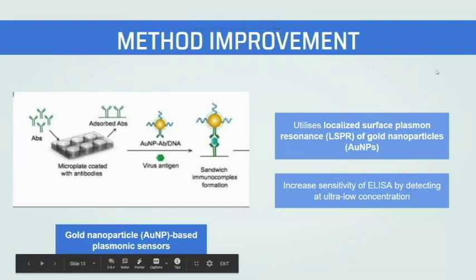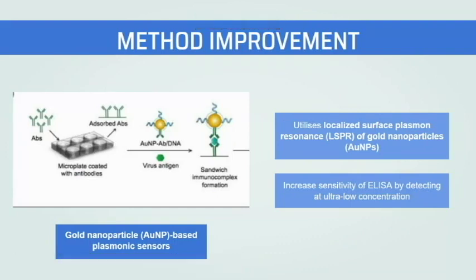Another method that can improve the performance of ELISA is gold nanoparticle-based plasmonic sensors. It utilizes the localized surface plasmon resonance of the gold nanoparticles. You can see the structure is also similar to the sandwich ELISA, and the capture antibody is bound with the gold nanoparticles.